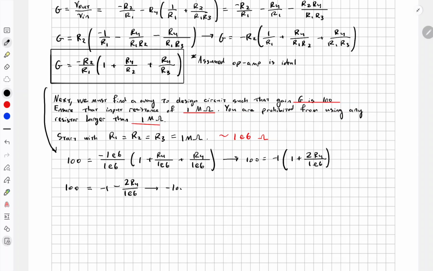It's easier if we multiply everything by -1. Then we just -1 both sides, so then -101 is equal to 2R4 divided by 1 mega.